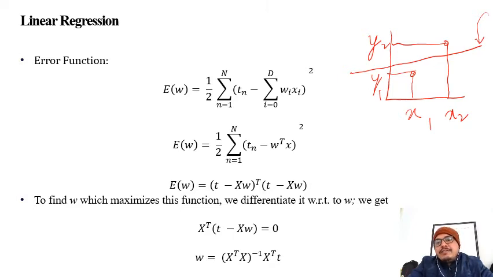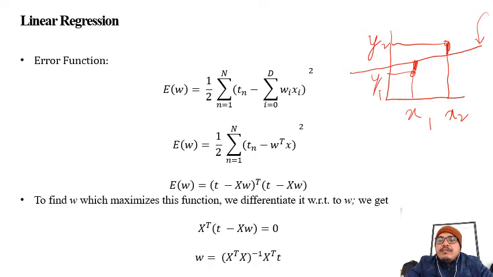I have just taken a random slope and intercept, without caring what they are, and then I ask, if this were my line, what is the error given by my data set? I calculate this error, and I will try to minimize it.